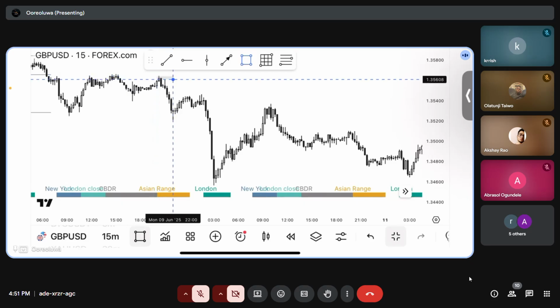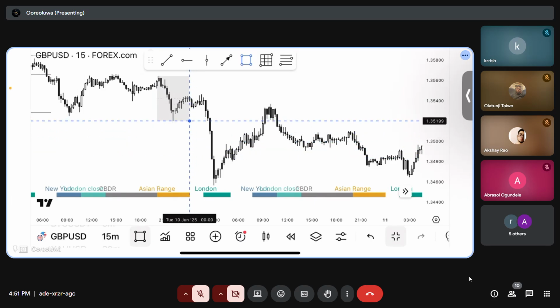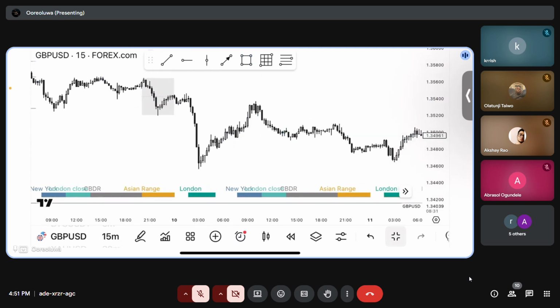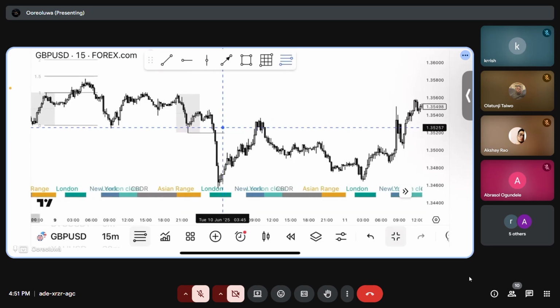Sorry, taking time. All right, so this is Asia. This is Asia low. Okay, so I guess this is like a news or something. I don't know. So price took out Asia low, right? Took out Asia low, and you mark out your standard deviation.